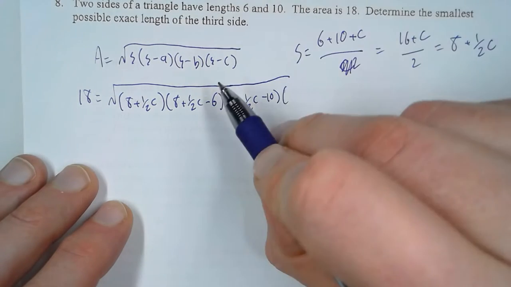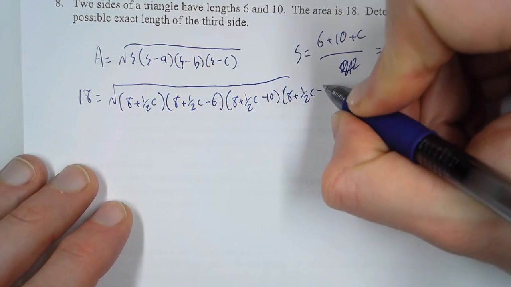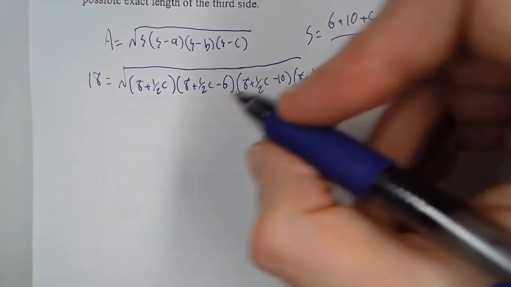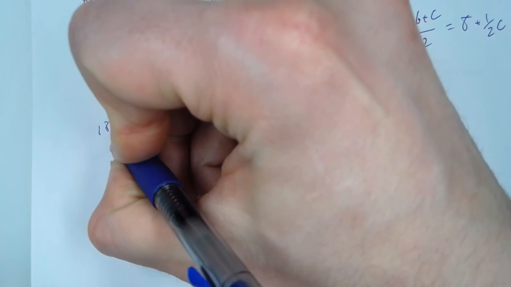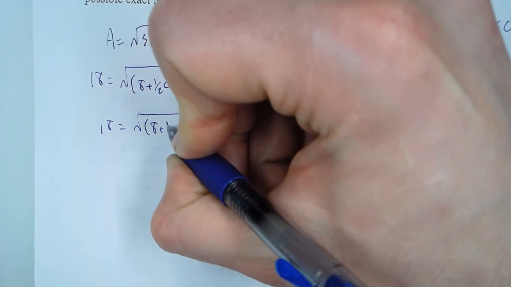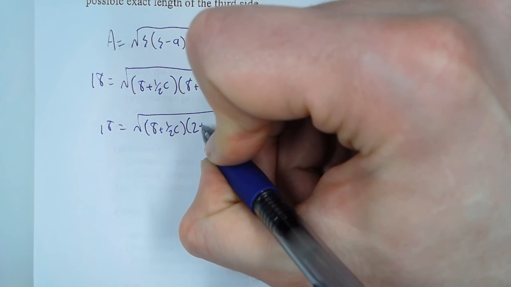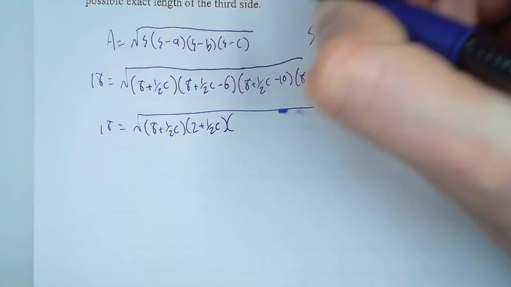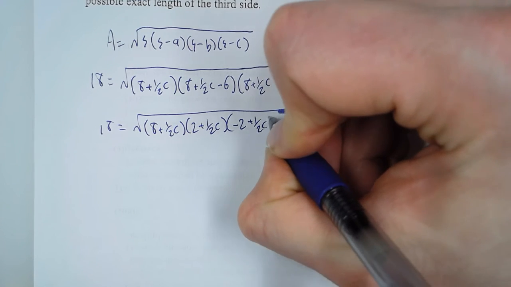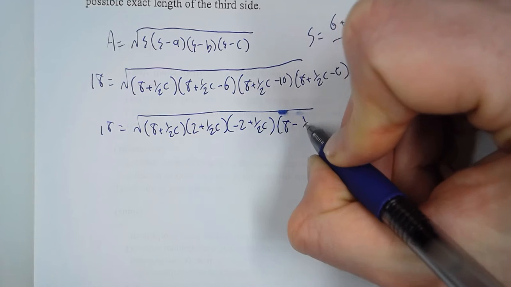And then finally, the semi-perimeter, 8 plus 1/2 c minus c. All right, so when we simplify this, we get 8 plus 1/2 c, 2 plus 1/2 c, negative 2 plus 1/2 c, and then 8 minus 1/2 c.